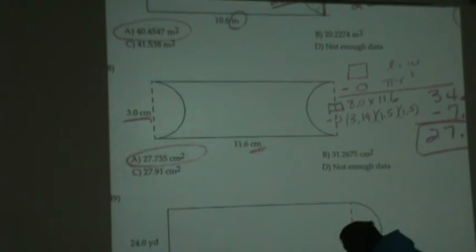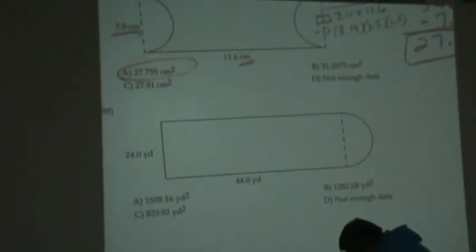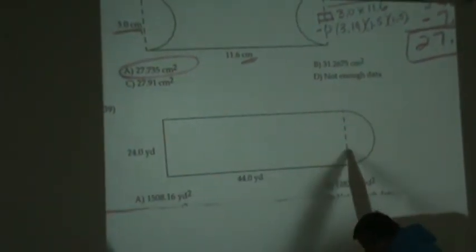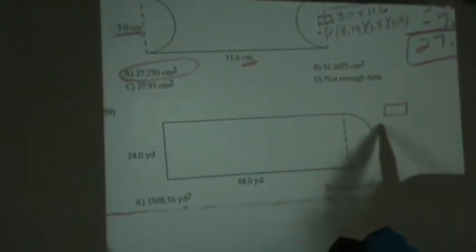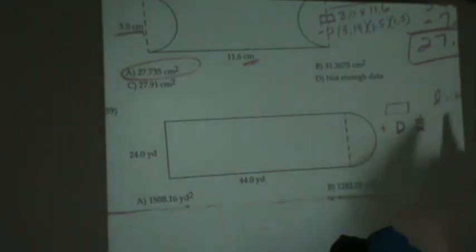Okay, we're not going to be subtracting, are we? We're going to be adding a half circle, right? We got a rectangle, and then we added a half circle. So we have length times width, and we have 1/2 of pi r squared.